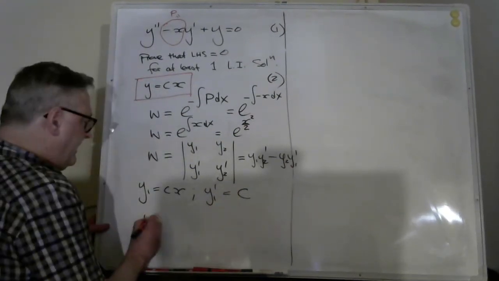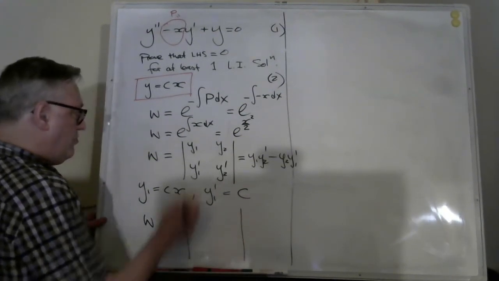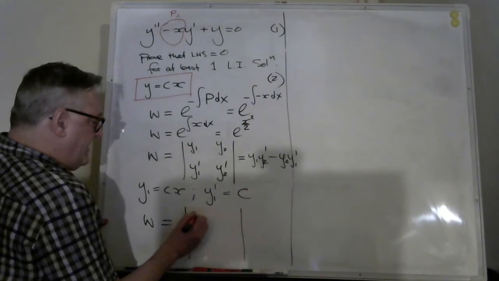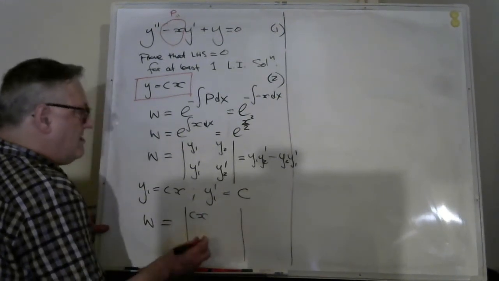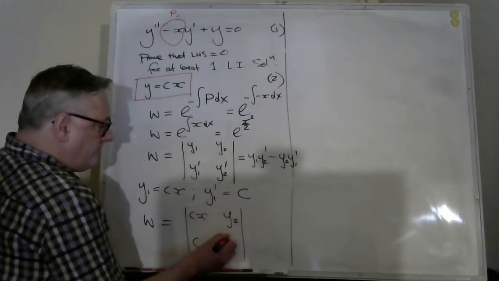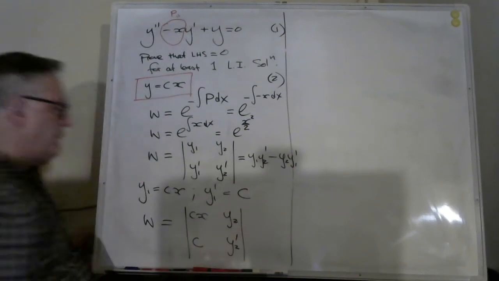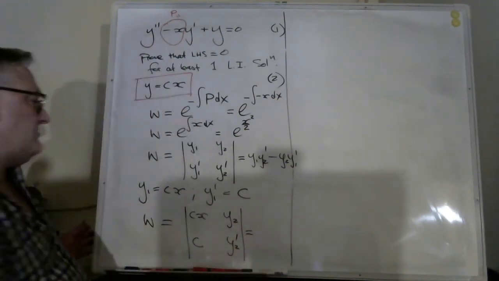So the Wronskian in this case is equal to, well, y1 is just cx, y1 prime is just c, but we leave the y2 and the y2 prime alone, and we just calculate the determinant of that.